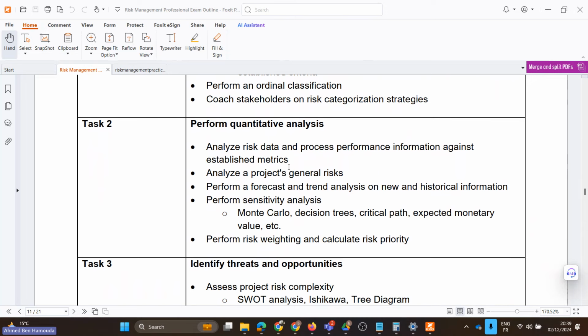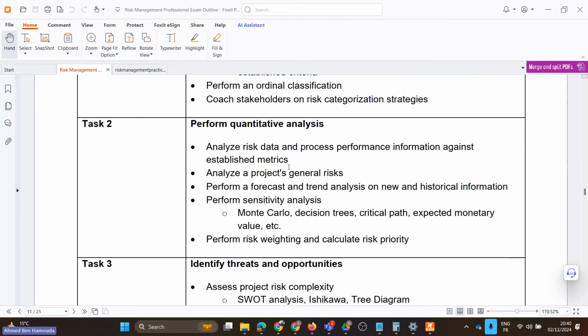Perform an original classification of your risks in your risk register, and also make sure that your stakeholders do understand the different risk categorizations, and also involve them, because they can be quite supportive, with any new risks, for example. Okay. Now, once you're done with your qualitative risk analysis, you have ranked your risks based on their priority.